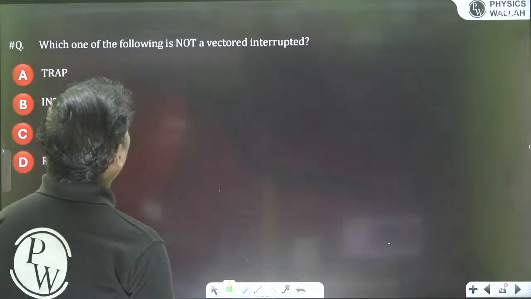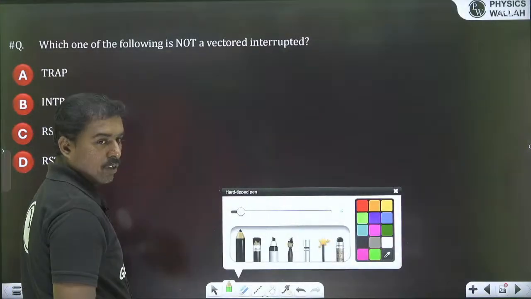Answer please. Which one of the following is not a vectored interrupt?